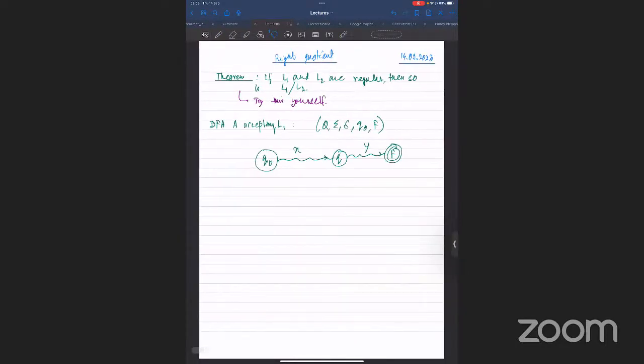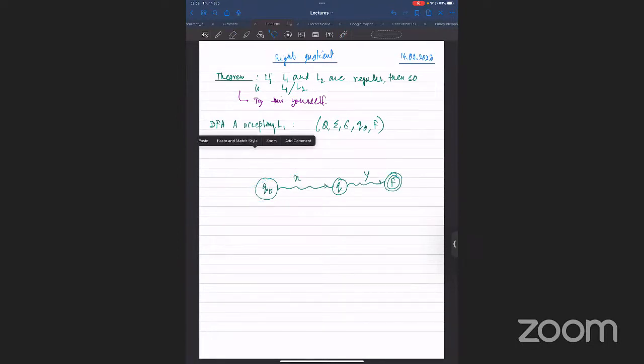The definition is here, right? I first considered a DFA having this thing, and you have XY, then what?